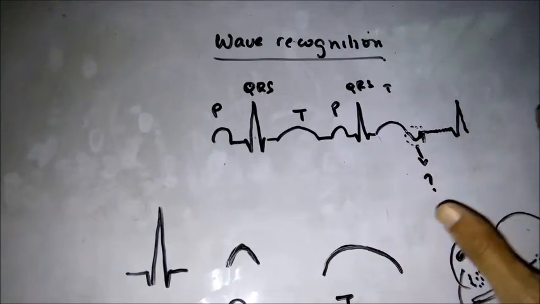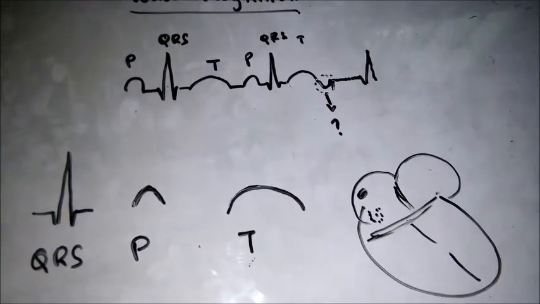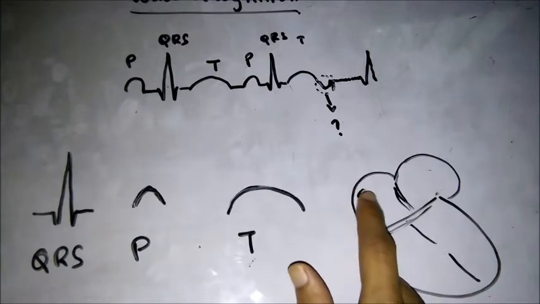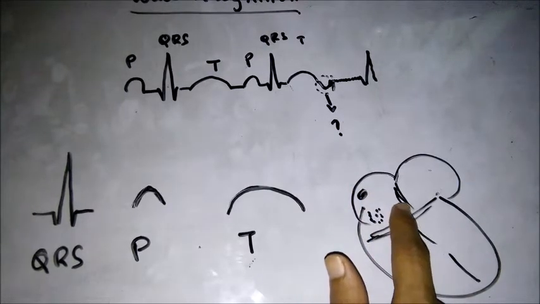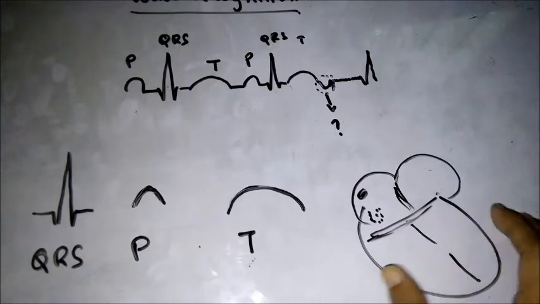And what is a premature atrial beat? Basically, your normal conduction starts with the SA node. The SA node's electrical activity goes to the AV node, and then into the bundle of His and into the ventricles, right?